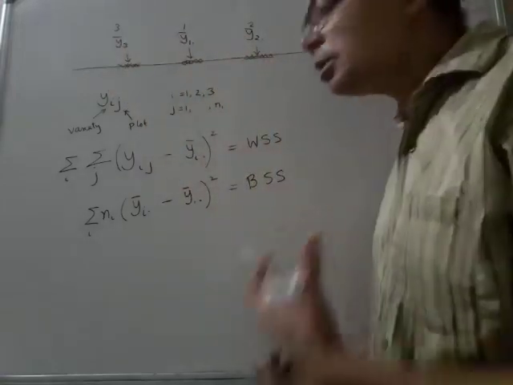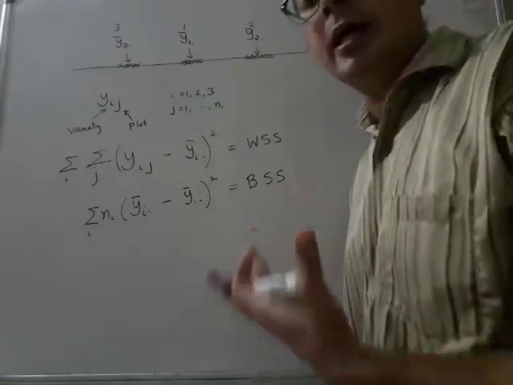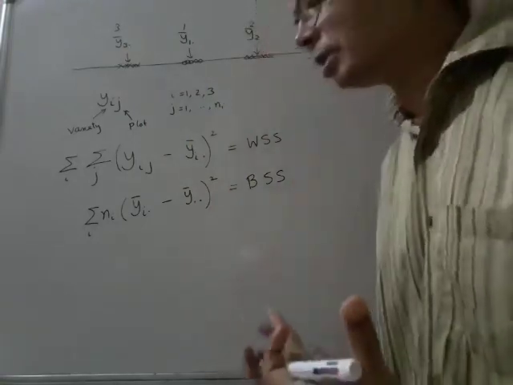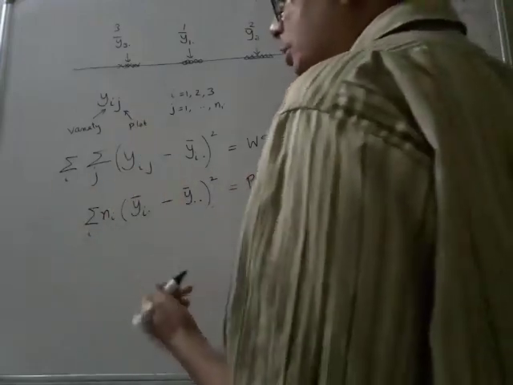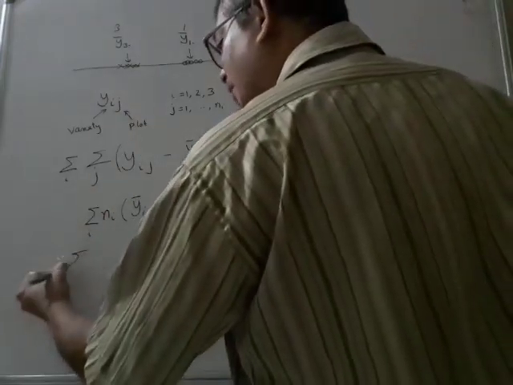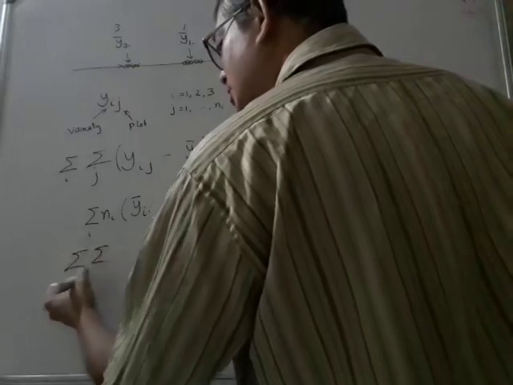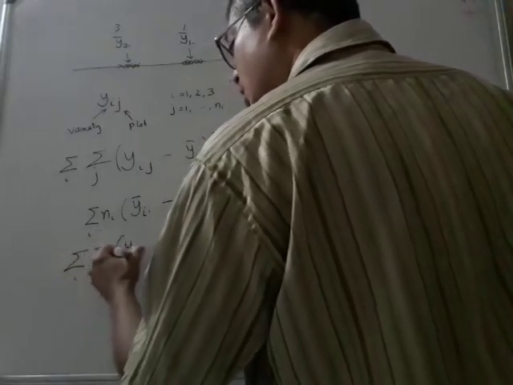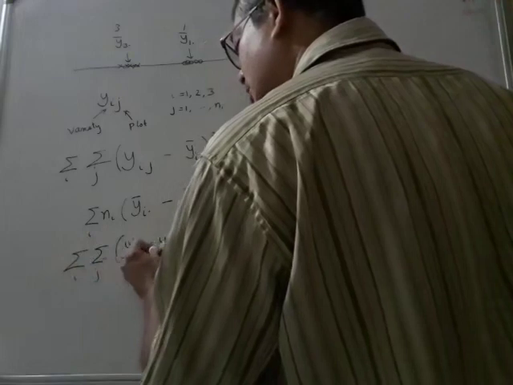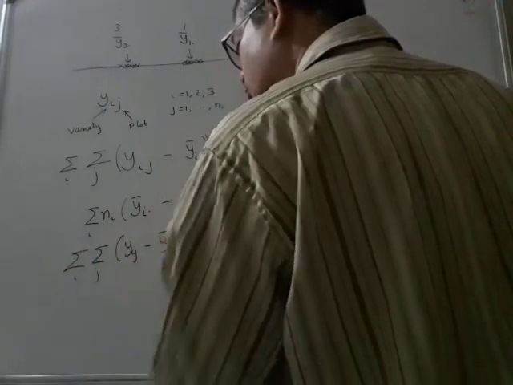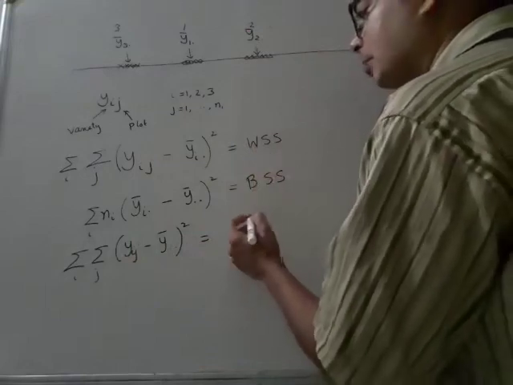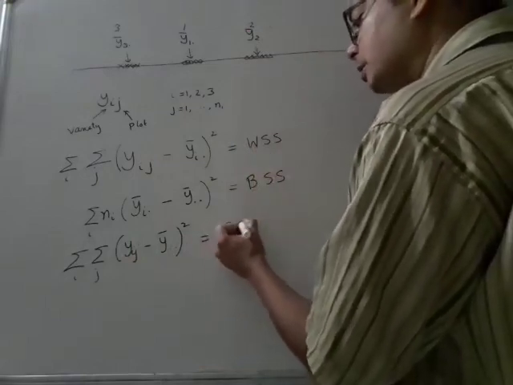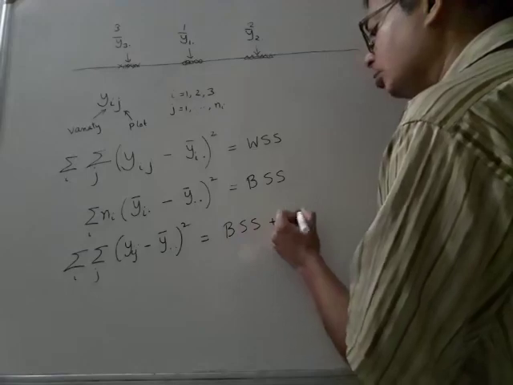Quite interestingly, something that impressed early statisticians very much: you have a nice algebraic identity. If I add over ij, yij minus y dot dot bar, squared, this surprisingly breaks up into these two things, BSS and WSS.